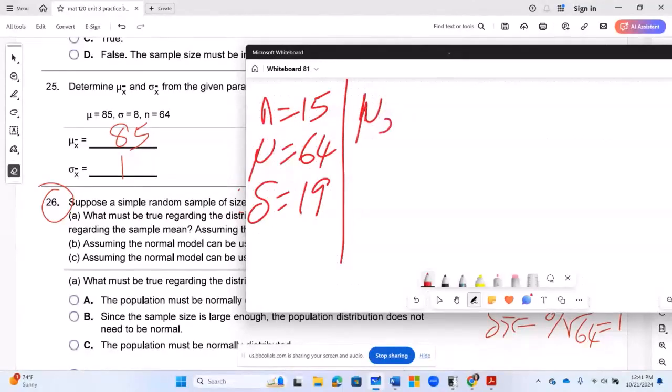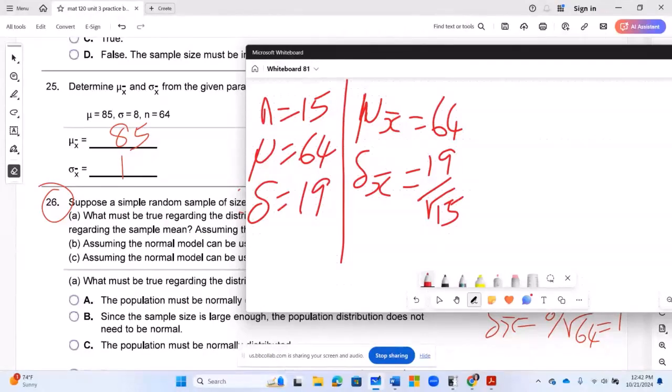The mu x bar is equal to the mean of the original data. The standard error is equal to the standard deviation of the original data divided by the square root of the sample size. And the data must be normally distributed. It is from a simple random sample. So I have described it for A.